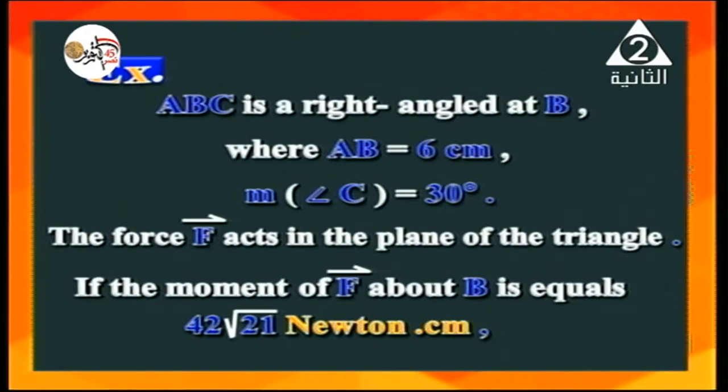We say again, we have ABC a right angle triangle at B, where AB equals 6 centimeters and the measure of C equals 30 degrees.